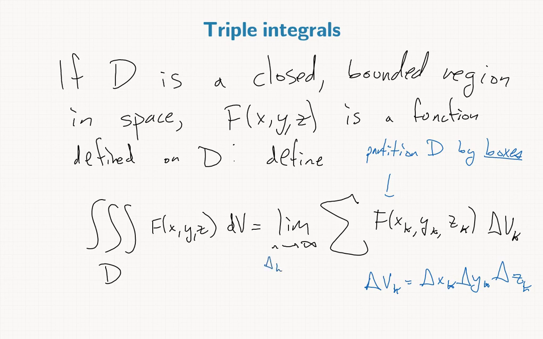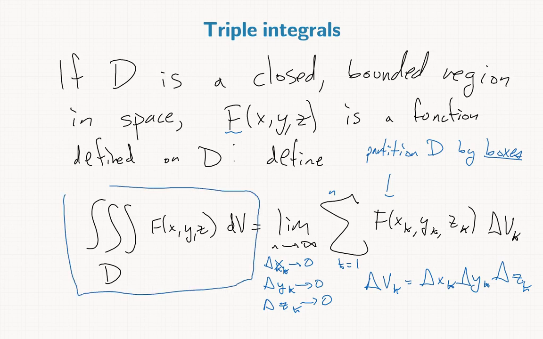So here we require that delta x_k goes to 0, as the number n of boxes goes to infinity, and also forcing all of the dimensions of these boxes to go to 0. For reasonable f, this will converge no matter how we choose the boxes, how we choose the partition, and we'll get the integral of f.